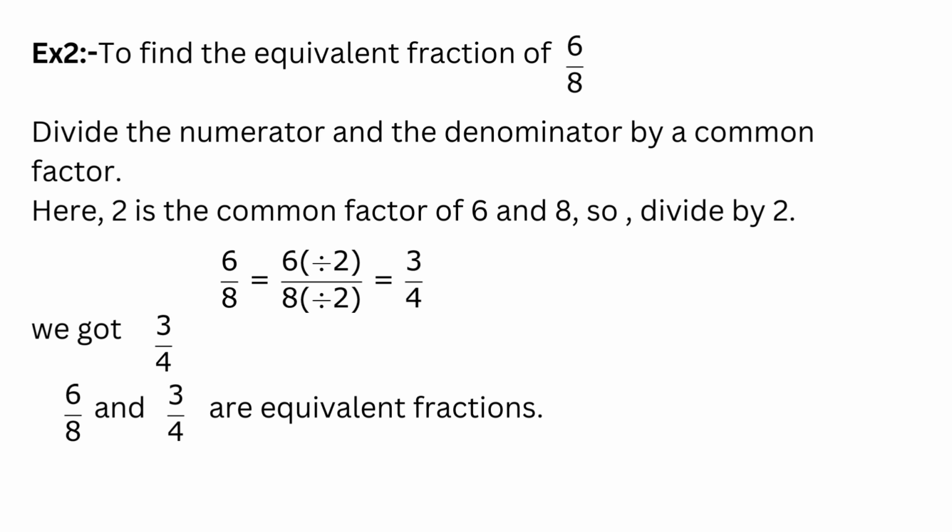So, we can divide the numerator and the denominator by 2. 6 by 8 is equal to 6 divided by 2 by 8 divided by 2, which is equal to 3 by 4. So, we got 3 by 4. 6 by 8 and 3 by 4 are equivalent fractions. We get the equivalent fractions by multiplying or dividing the numerator and the denominator by the same number.